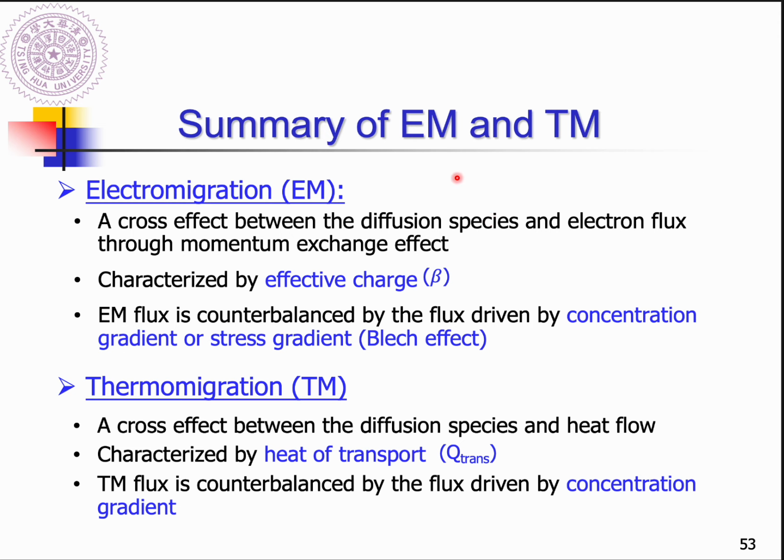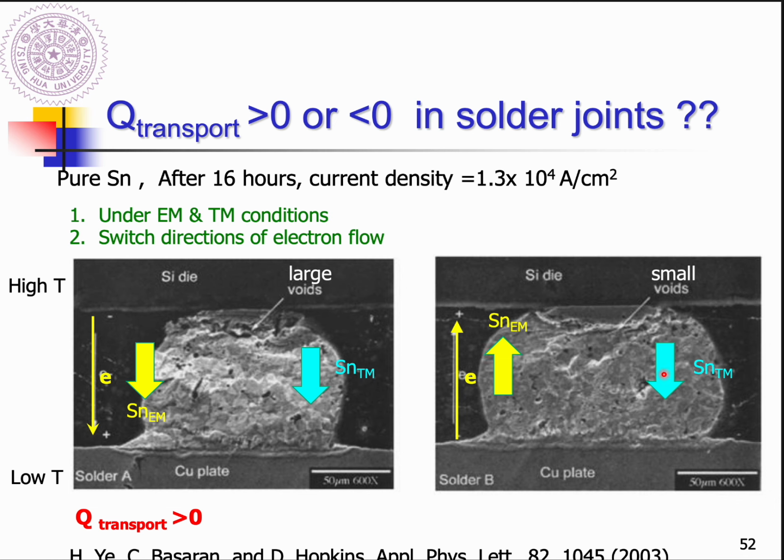So the newest idea is, why don't we just design a material which has an atomic flux induced by Em that is the same as that induced by Tm, the same value but opposite directions, something like this. Then we don't need to additionally think about how to avoid them, right? Because in most cases they will be driven unless this atomic flux exists, right?